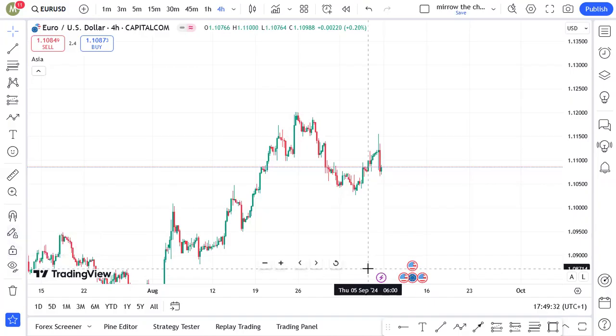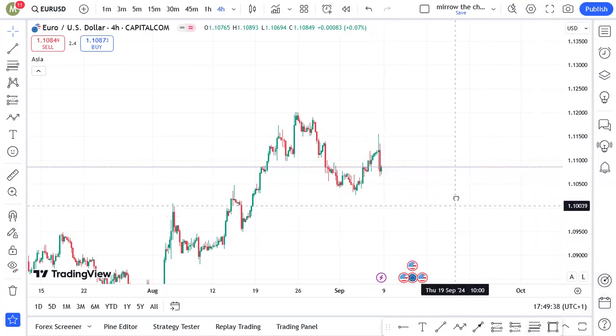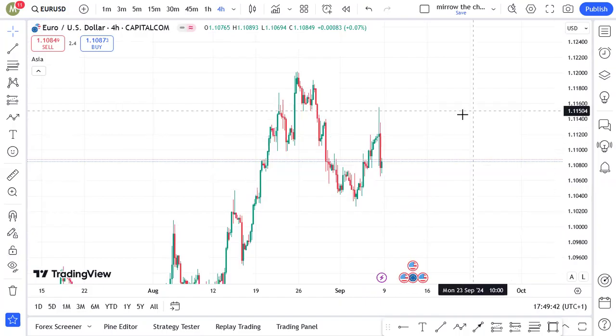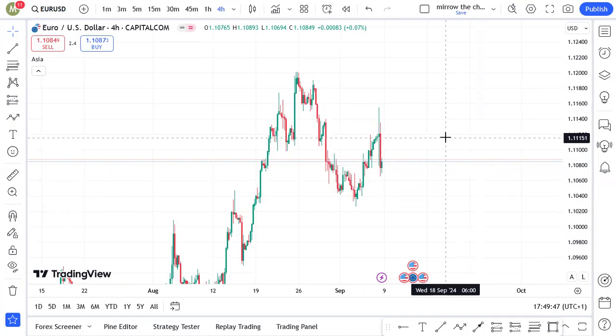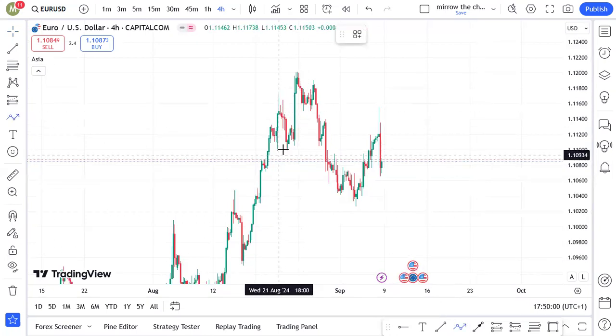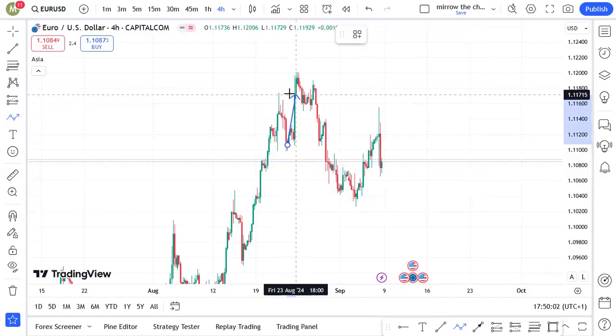Now, just now, what is a range structure? By mere definition, a range structure is a behavioral pattern of price. Using an example of bullish price action, price has been printing higher highs and higher lows, and at a certain point, price printed a higher high, taking out the previous high.